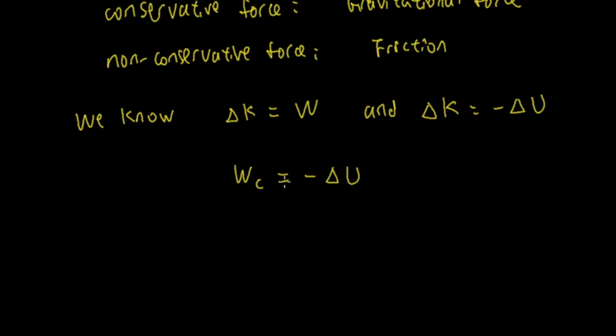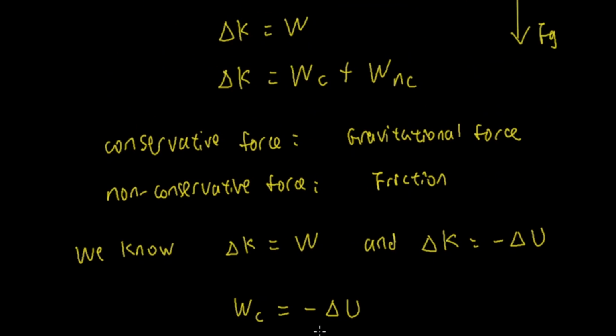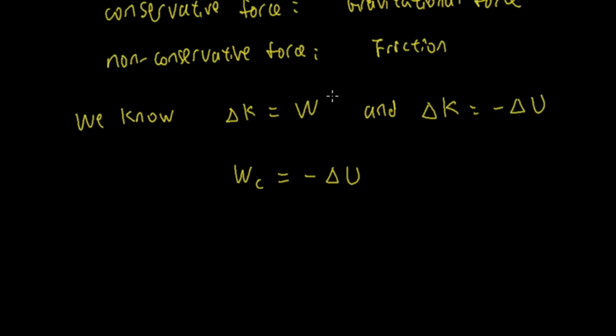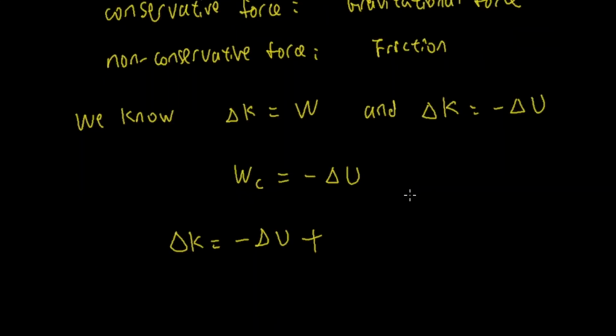Now, we can replace this into this equation here, right? Into the work done by conservative force in this equation. So we will have change in kinetic energy equals negative change in potential energy plus work done by non-conservative force.